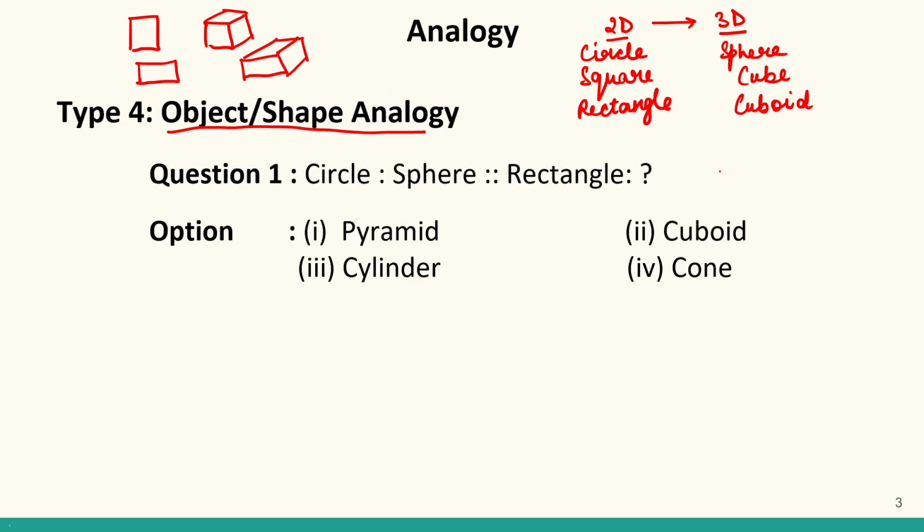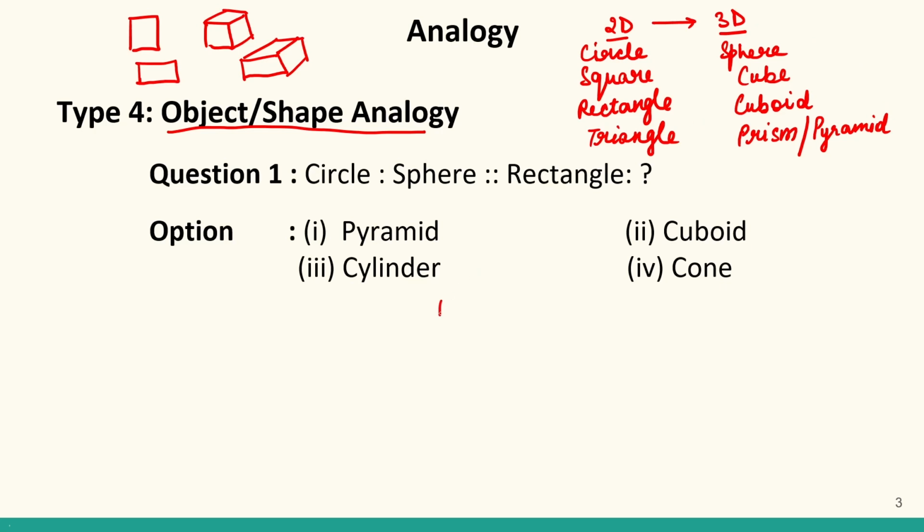This is a cuboid. Next, for triangle, which is a 2D figure, its corresponding 3D figure can be either called a prism or a pyramid. So this is what we discussed earlier.